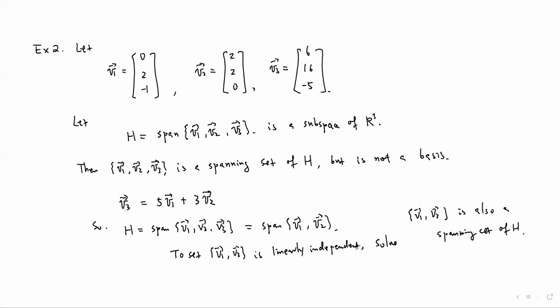solve this vector equation. If the vector equation has only the 0 solution, then V1, V2 are independent to each other.